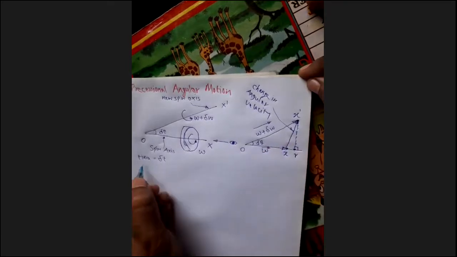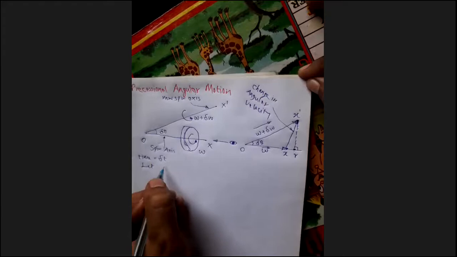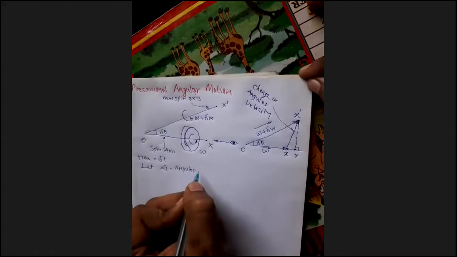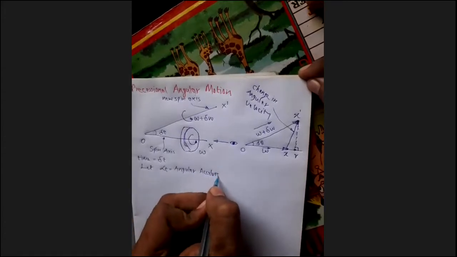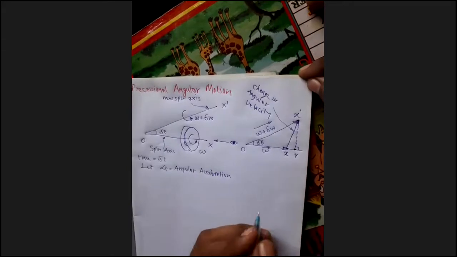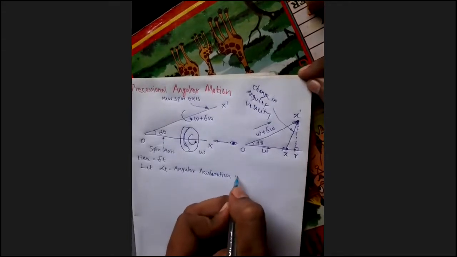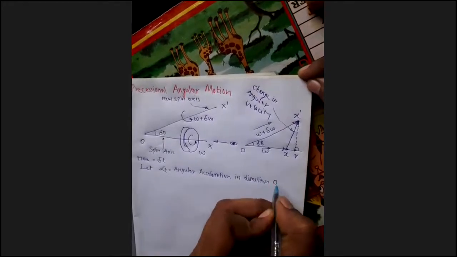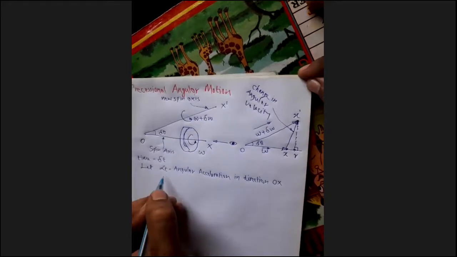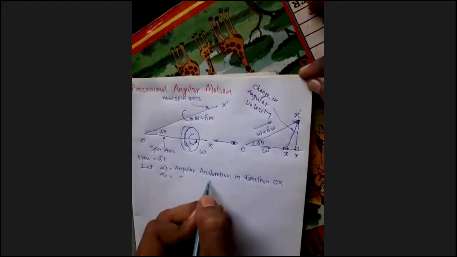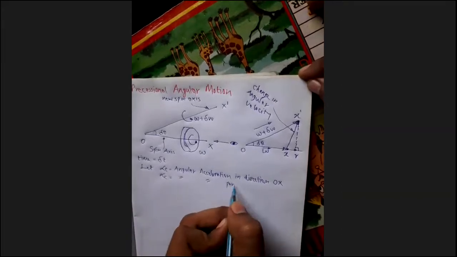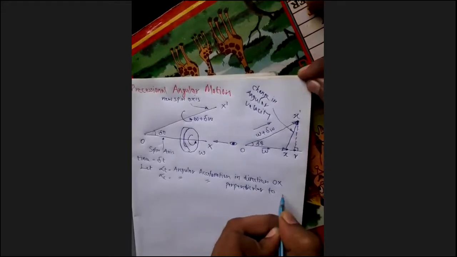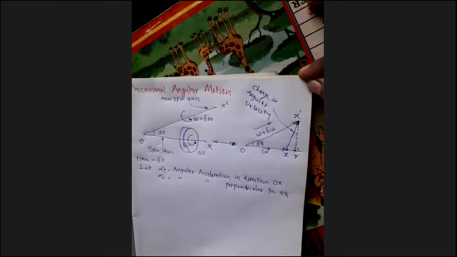So let alpha t be the angular acceleration in the direction of OX, and alpha c the angular acceleration perpendicular to OX.